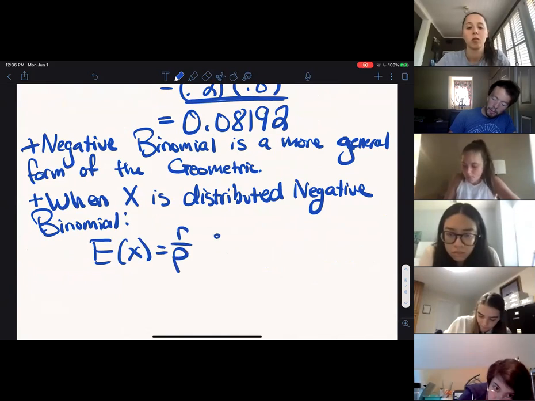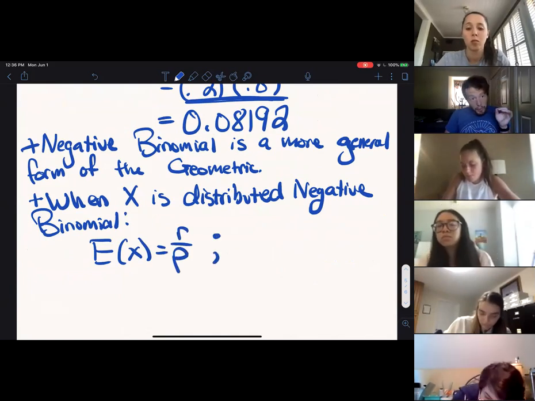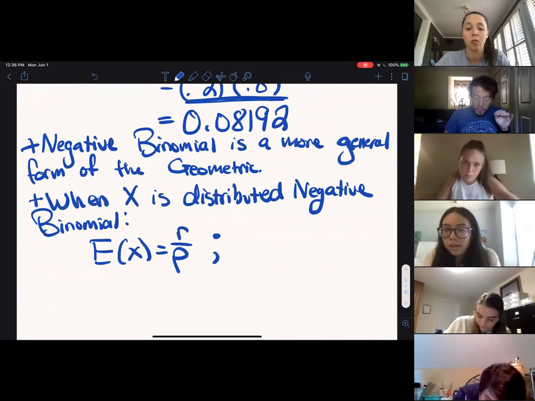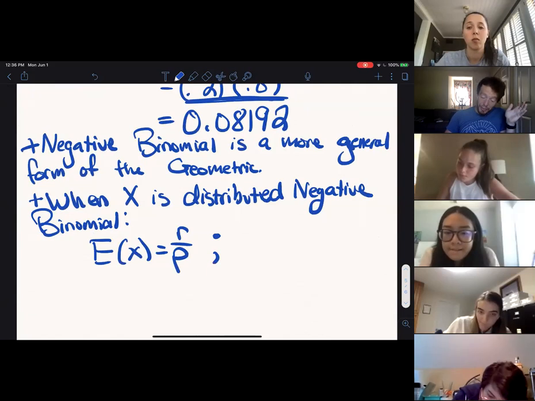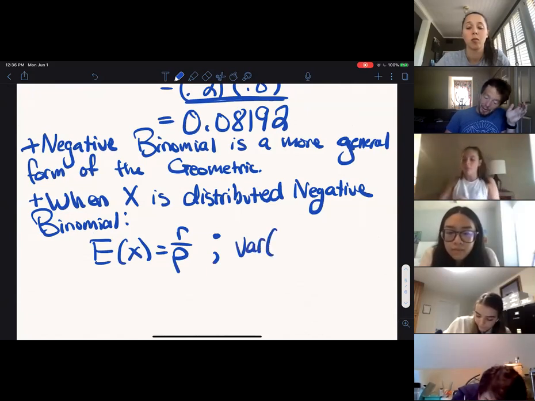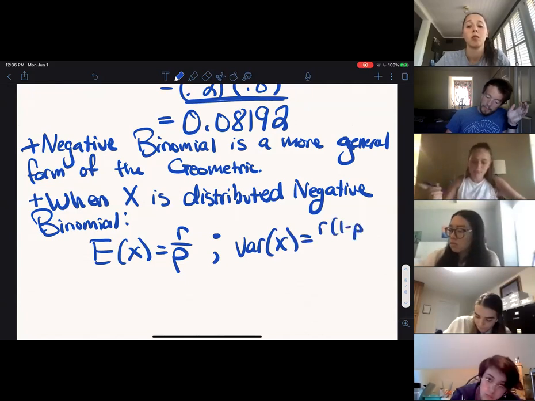If you want to know the expected value, the long-term average of a random variable that is distributed negative binomial, it is just r over p. Just plug it into this formula, it's not that hard. And the variance is this.